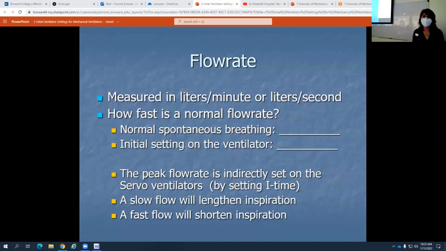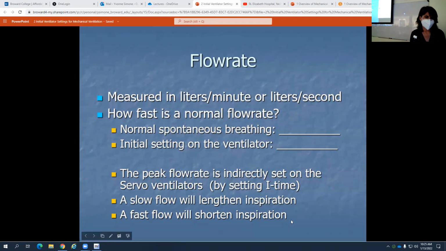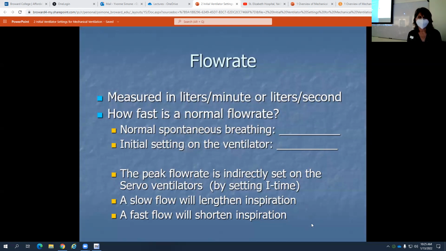So changing the peak flow rate changes the inspiratory time. A fast peak flow is going to give you a short inspiration. Oh, it says it already. And then a slow flow rate will lengthen inspiration.